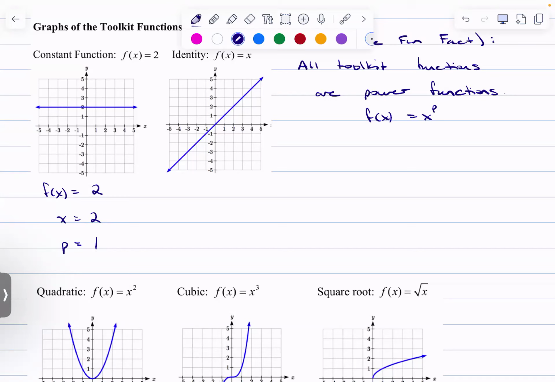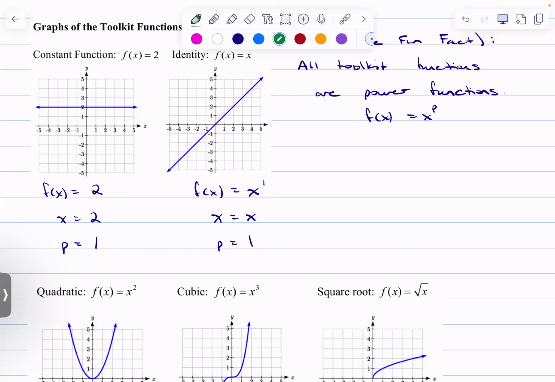You could rewrite it as 2 to the power of 1. That's super boring, not even a variable. What if you have f of x equals x? Again, x to the power of 1, usually we just drop the power of 1. And so x is equal to x, and the p in this case would be 1.